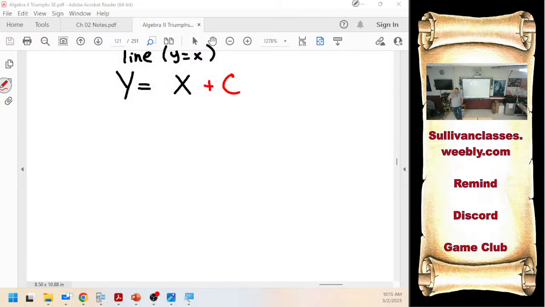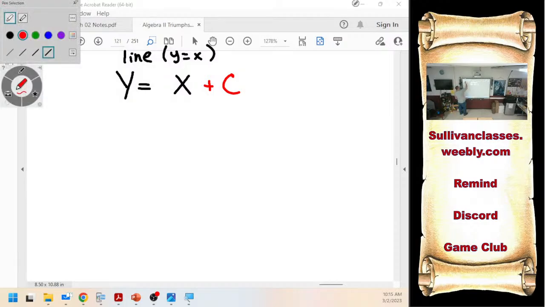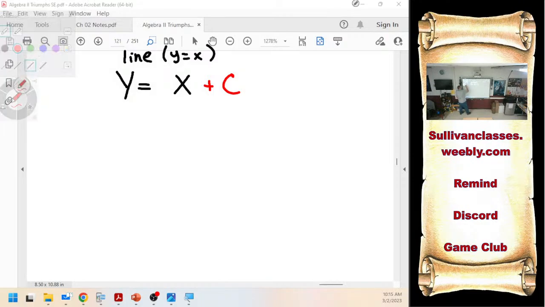And because that is not in the grouping, because it's not grouped in parentheses together with x, that tells me up and down. So we put our cute little arrows next to it like this. So I know that all lines, at least in this assignment, are just going to take good old y equals x, they're going to move it up or down. Now there's other stuff you can do with it.